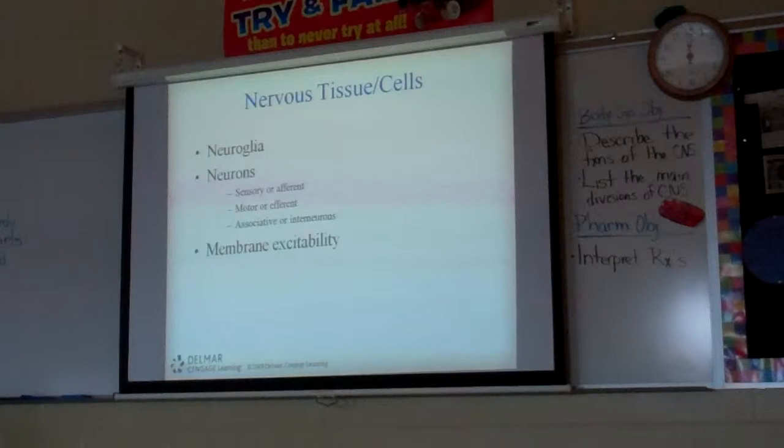It's a supporting structure of nervous tissue consisting of a fine web of tissue around nerve cells or neurons. Okay? So think of a neuroglia as a spider web. Alright?